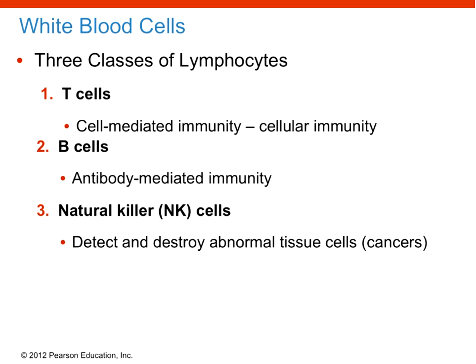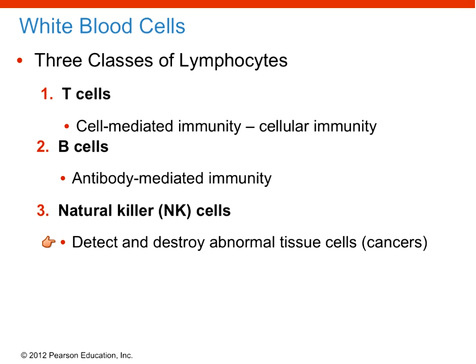The three classes of lymphocytes that we have differentiating are T cells, which elicit cell-mediated immunity, B cells, which give you antibody-mediated immunity, and then we have natural killer cells, which don't really have a specific role. They treat all pathogens kind of the same way, but they detect and destroy any abnormal tissue cells.